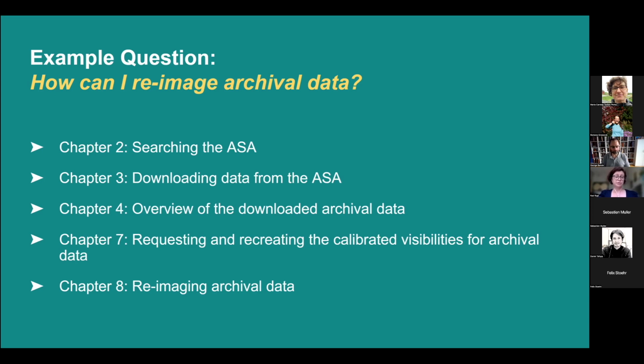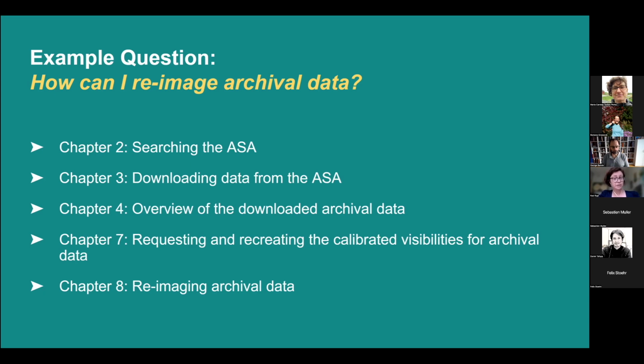So also in this case, we start in chapter 2, you search for that data set in the ALMA Science Archive. You select for download the raw data and the auxiliary data that contains the scripts to recreate the calibrated data, as is described in chapter 3.